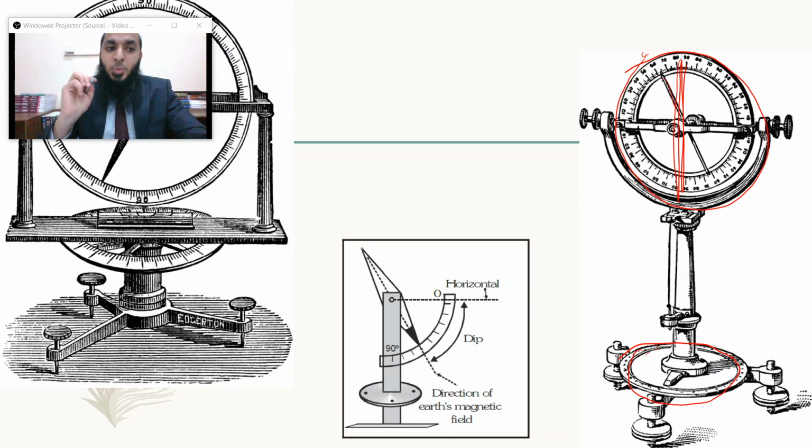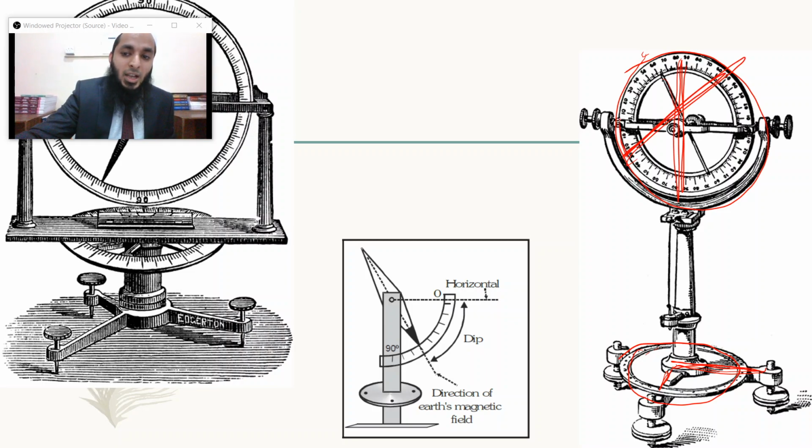You find this plane, you mark the angle, then just rotate 90 degrees. Understood? So that's how you find the magnetic meridian. Now you orient it in the magnetic meridian, the needle will be oriented somewhere like this. So what is this angle? This angle will be the angle of dip.